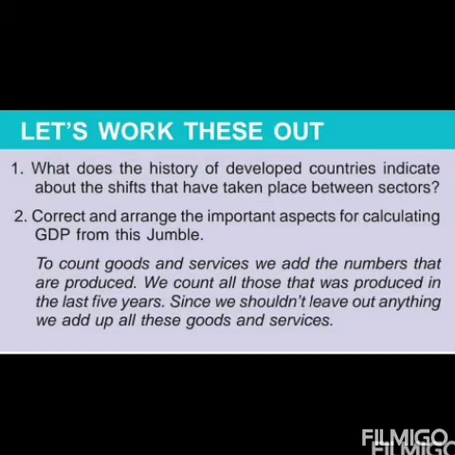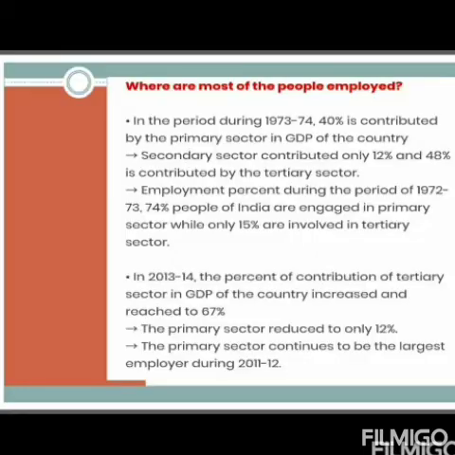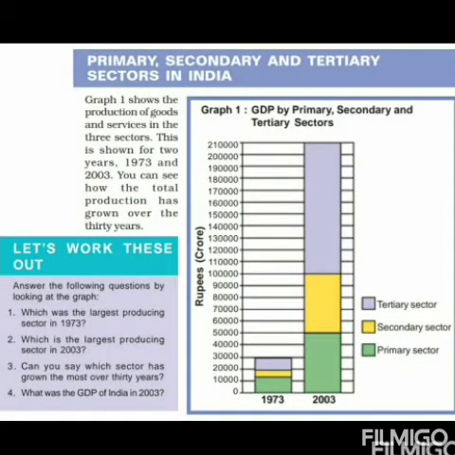Coming to the next topic, where are most of the people employed? We are comparing the two time periods, 1973-74 and 2013-14. Data might vary in your books, please consider that. During 1973-74, 40% of the GDP was contributed by the primary sector.